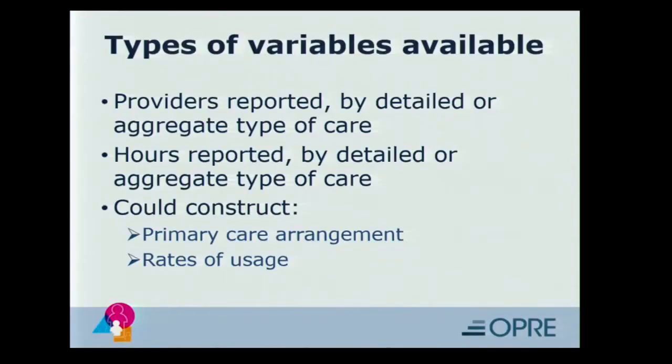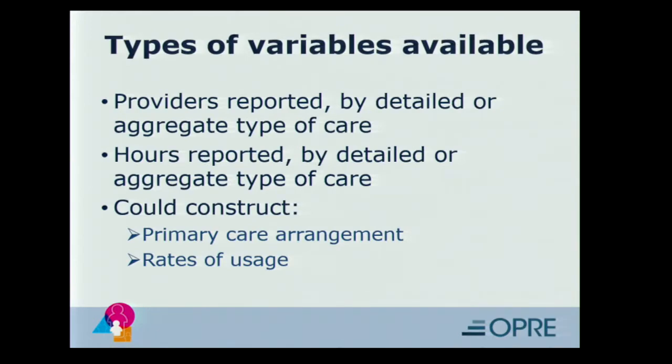In terms of what the actual measures would be, the two main types of variables probably are first the numbers of providers that are reported. And so each distinct provider has a totally uninformative code number associated with that organization or individual.